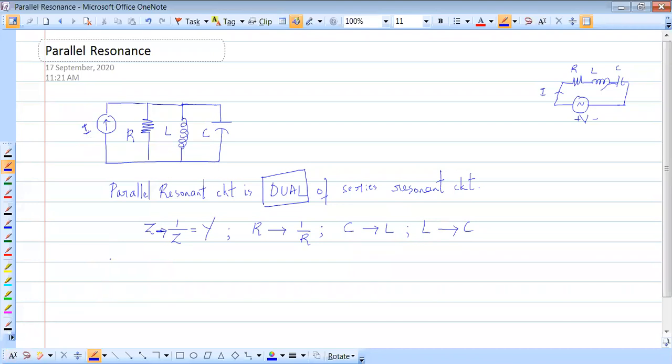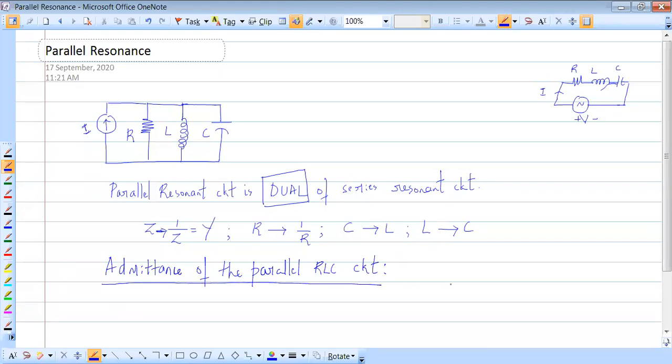So admittance of the parallel RLC circuit. So how does this look like now? Earlier, we used to have impedance, right? What is impedance given by? It is Z.